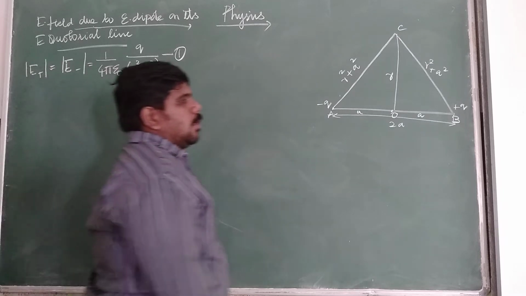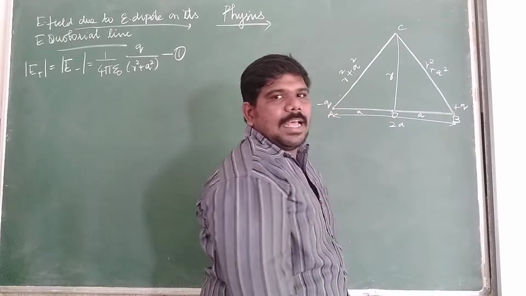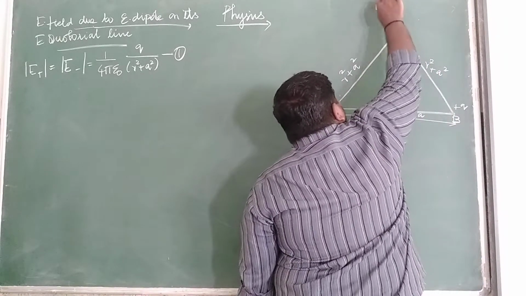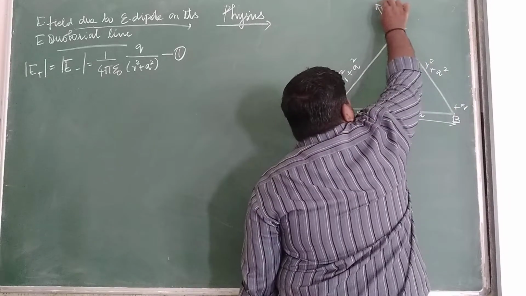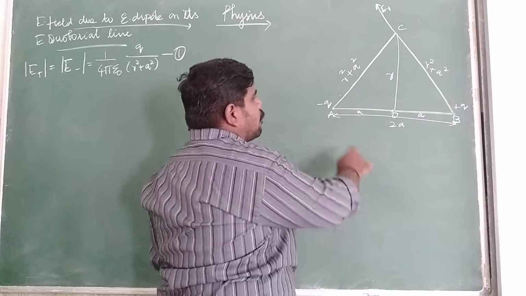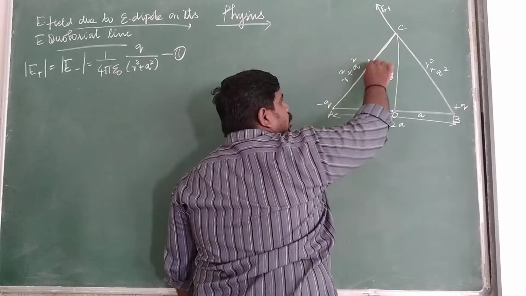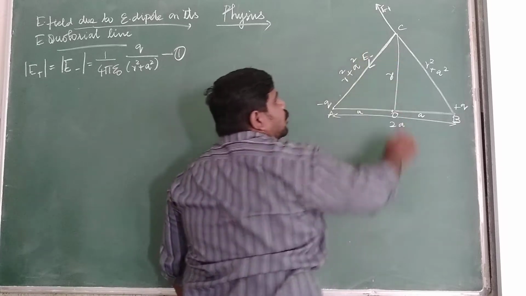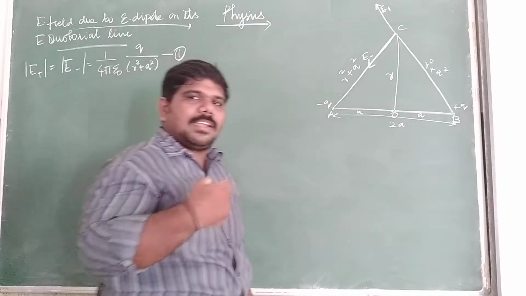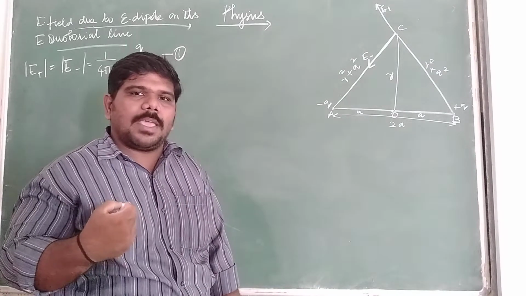Now, due to the positive charge, what is the direction of the electric field? The direction of the electric field E plus is along BC. And the direction of the electric field E minus due to CA: we know that if the charge is positive, the electric field will be outward, and if the charge is negative, the electric field will be inward.